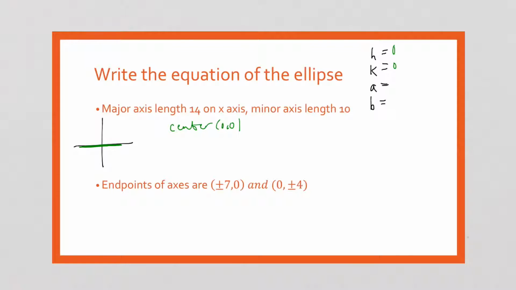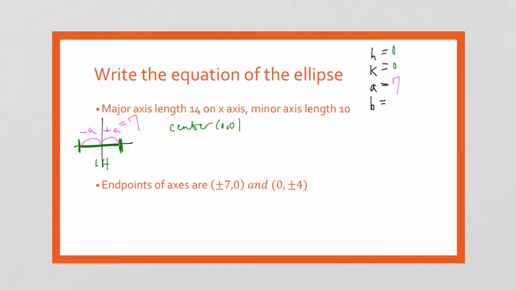Well, if this whole length is 14, then that tells me that my actual distance for A, this is plus A, this is minus A. So that tells me that A actually equals 7.